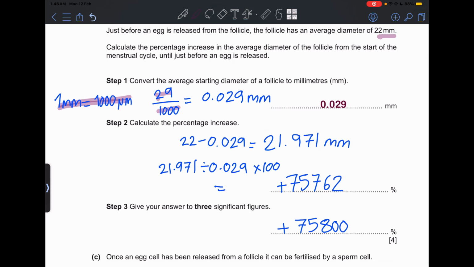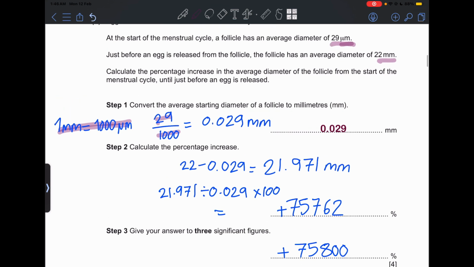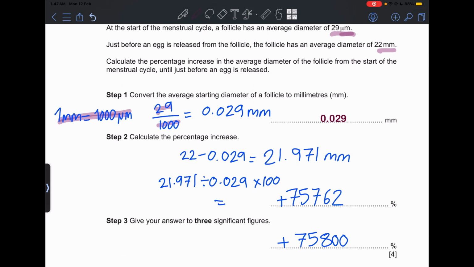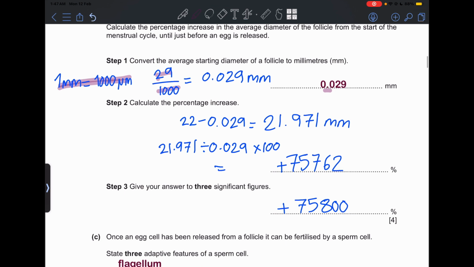Step 2 says calculate the percentage increase. You're going to be calculating the percentage increase from 0.029 until 22. By subtracting 0.029 from 22, this will give you 21.971 millimeters.